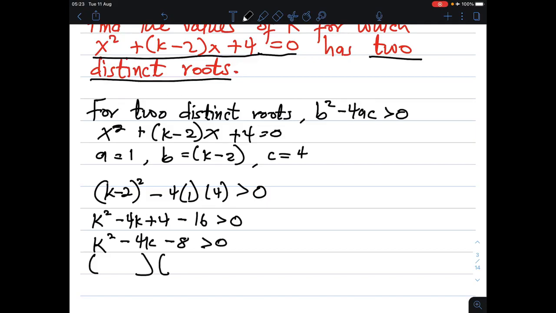So what we do is that you put k here, and then you put another k here. Now the next thing that you want to do is to look for the factors of -8 that when added give you -4.